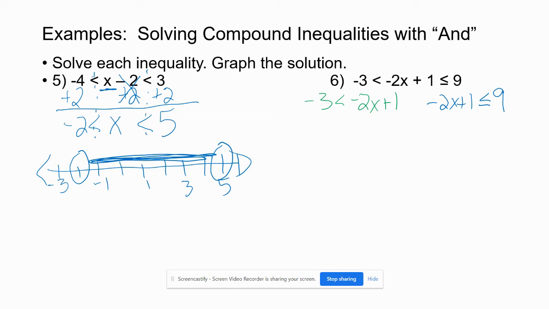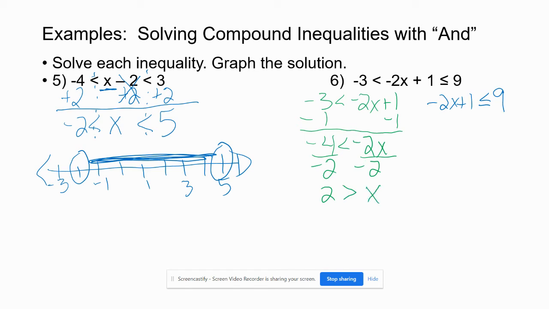If I'm solving the green side, the opposite of adding 1 is subtracting 1. Remember, subtraction does not change the direction of that inequality. Divide by -2. Now dividing by a negative does change the direction of the inequality.